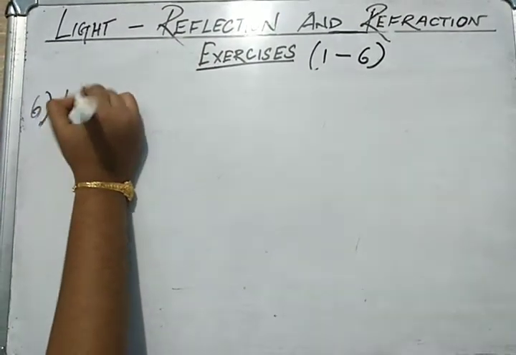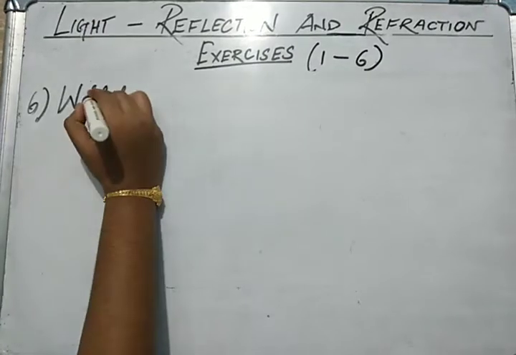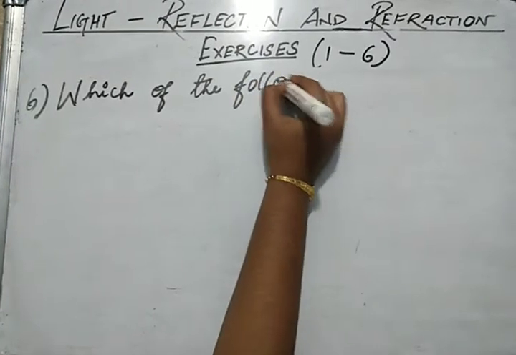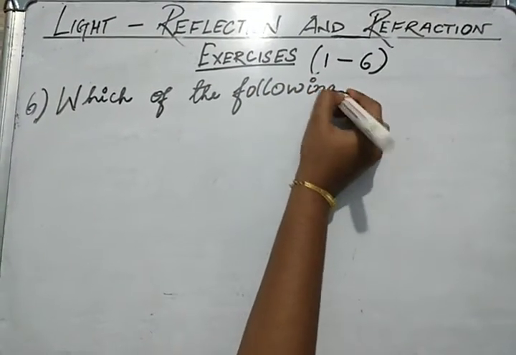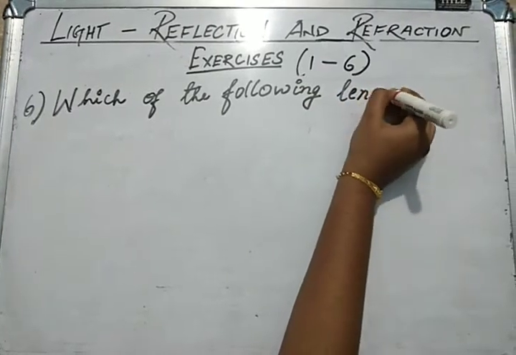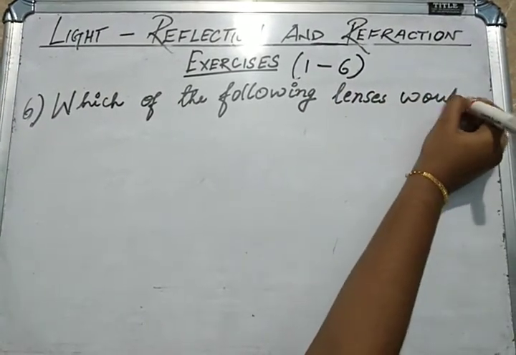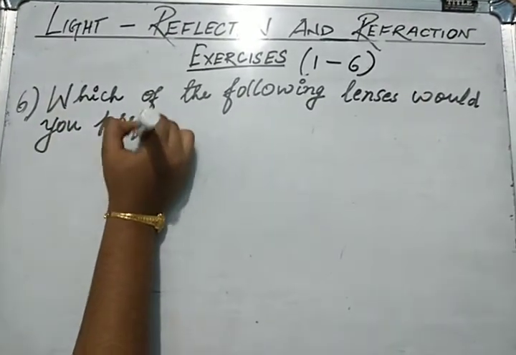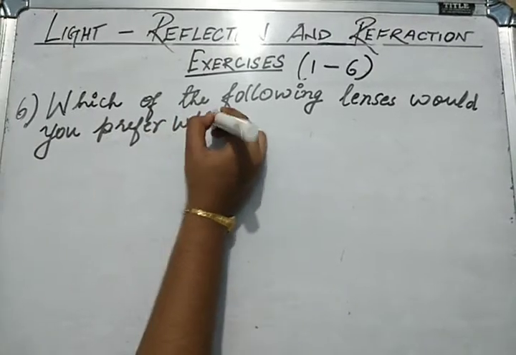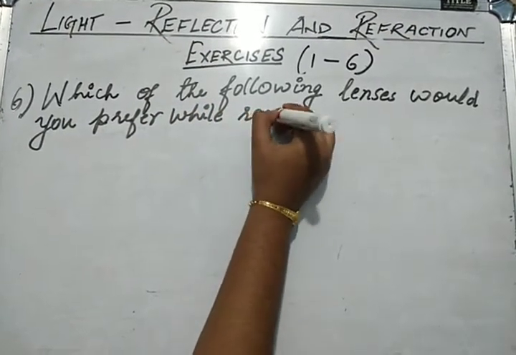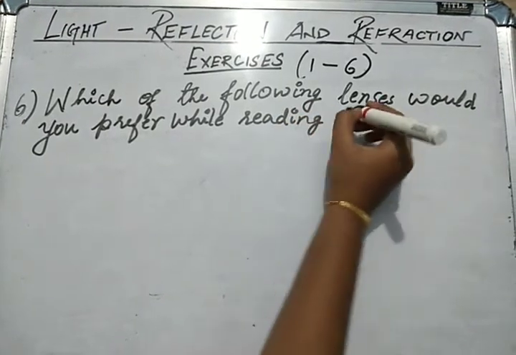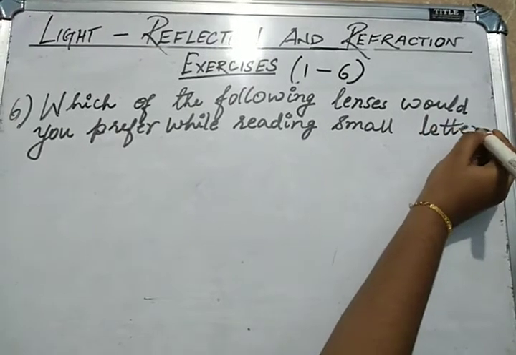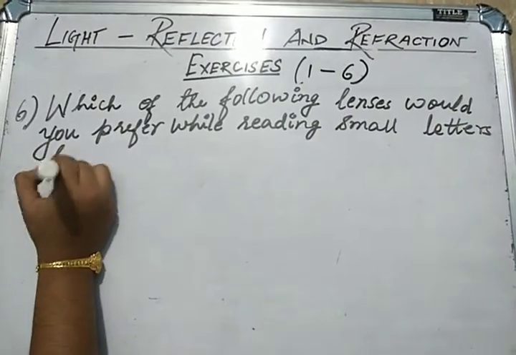Which of the following lenses would you prefer while reading small letters found in a dictionary?